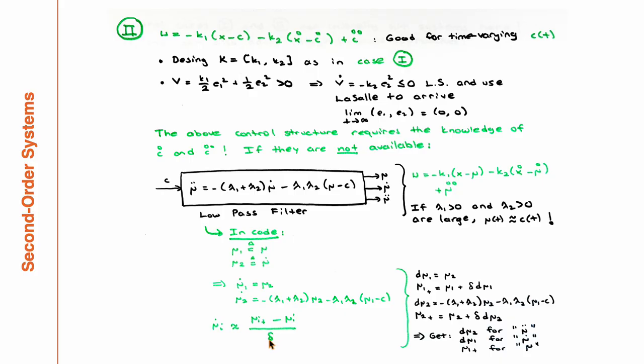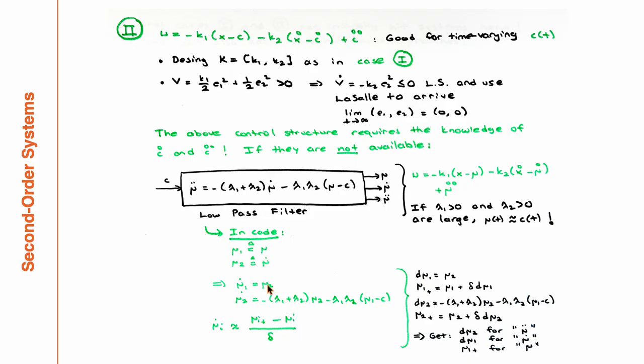For example, if you can implement the code at 200 hertz, then delta becomes 1 over 200, which is 0.005. If your implementation frequency is 1000, then delta becomes 0.001.